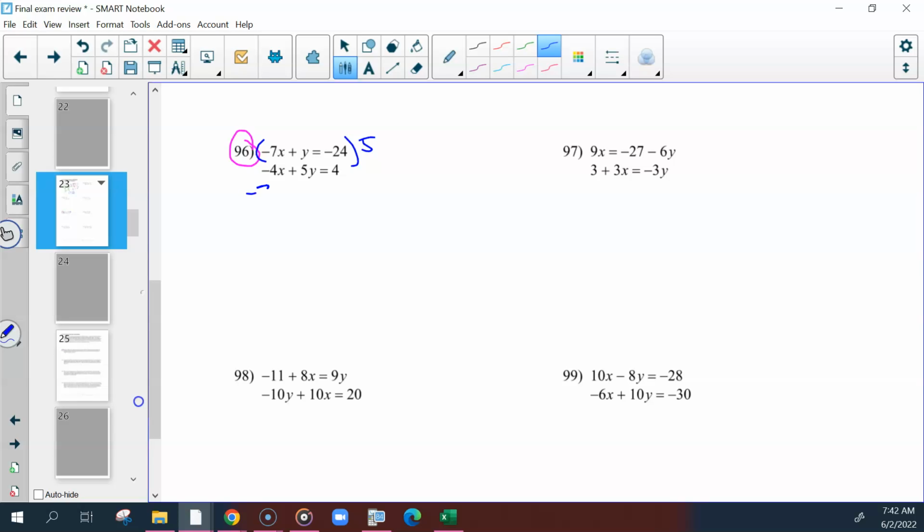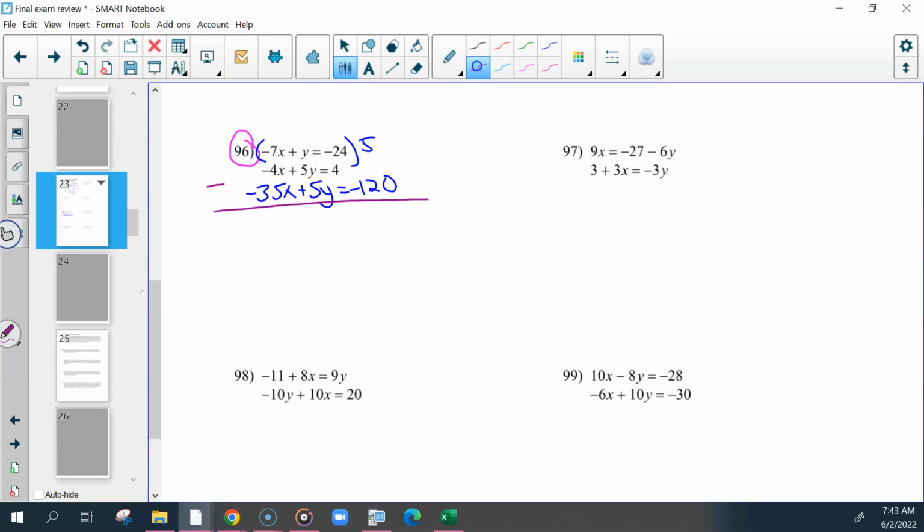So this would become negative 35x plus 5y equals whatever 24 times 5 is. Negative 120. Then to eliminate these two, since these are both positive, I can subtract the two equations. So negative 4 minus a negative 35, that would be adding.